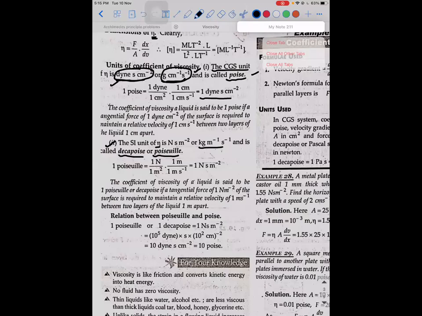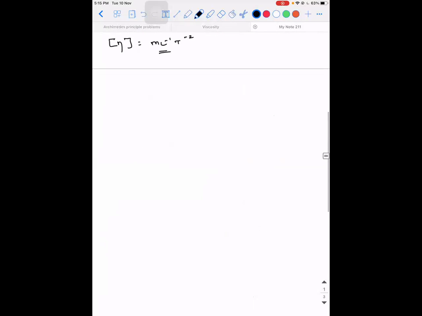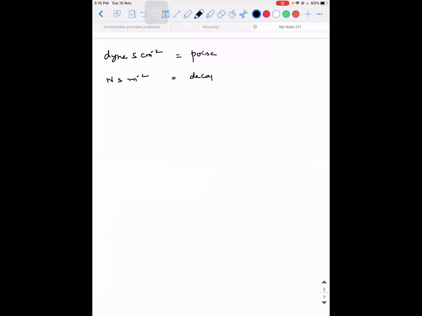Now see. Dyne second centimeter minus 2 is called poise. Newton second meter minus 2 is called decapoise, or we call it poiseuille. So Newton second meter power minus 2 can be written as 10 power 5 dyne, and 1 second. Meter power minus 2 can be written as 10 power minus 4 centimeter power minus 2.